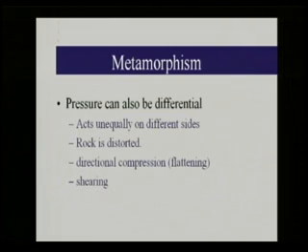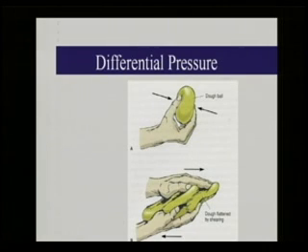Shearing involves force with parallel but opposite movement. For example, in the top representation we have a hand holding a dough ball, and if you squeeze that, you have compressional flattening. However, put two hands together with the dough and slide one forward and one backward, and you end up with shear. How does this relate to rocks?